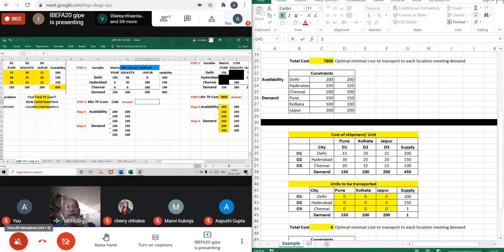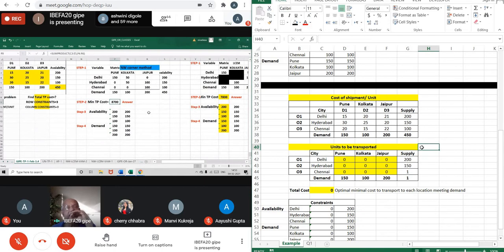What is the initial total cost you are getting? 8,700. So when you have an initial solution, you don't know whether that initial solution is optimum.